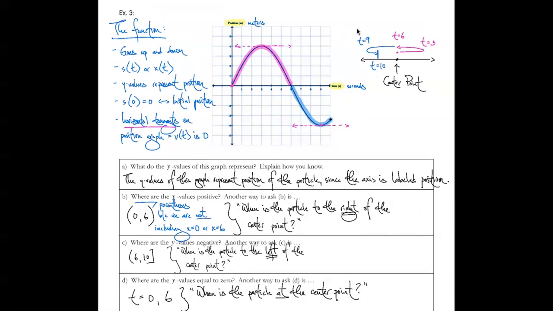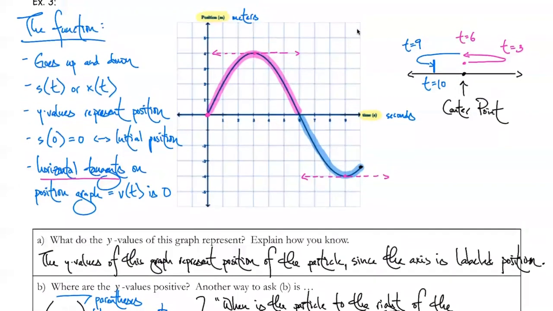Okay, that is a great question. So I will say this, the center point is not always the same as the initial position, okay? So maybe if we had a different graph, and it started not at 0, but started at 2.